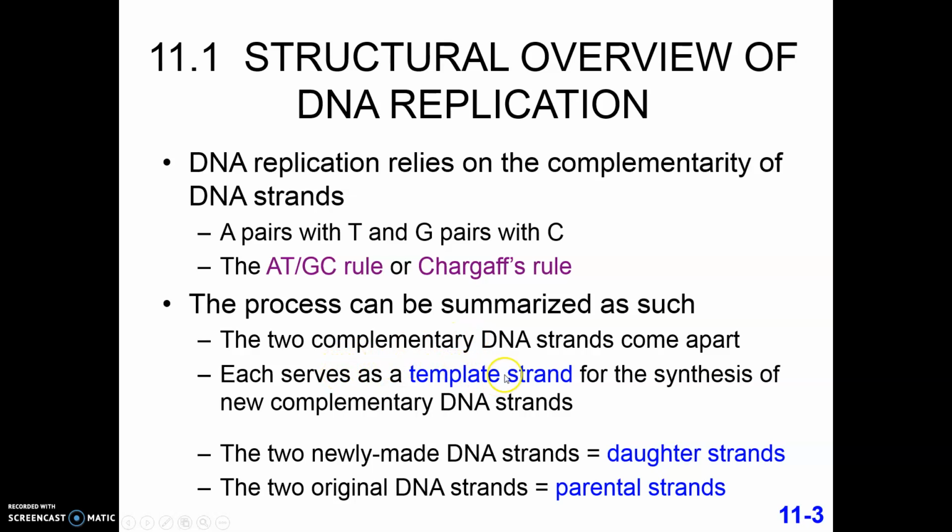Each one of those will serve as a template for the synthesis of a new complementary strand. The two newly made DNA strands can be referred to as the daughter strands. The original ones can be referred to as the parental strands.